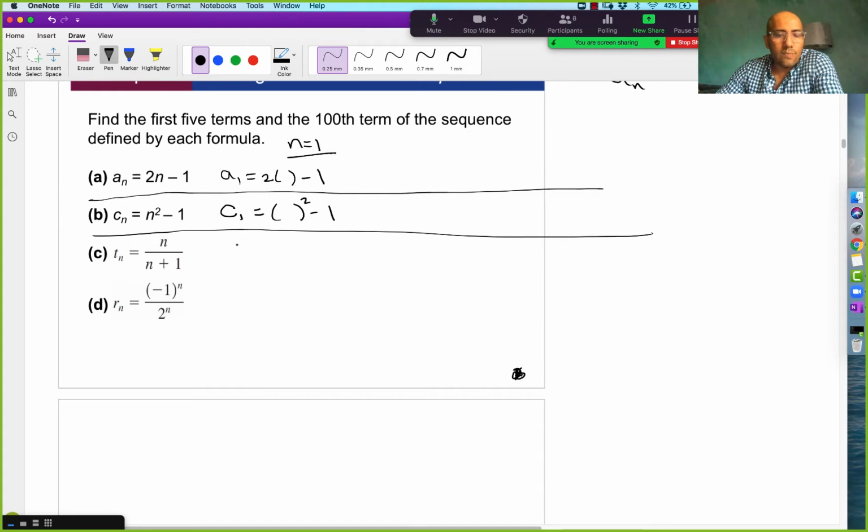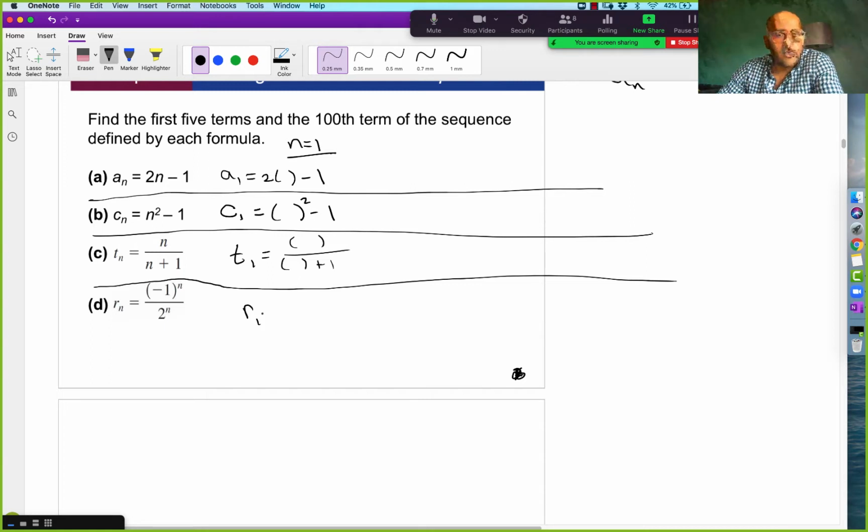And then t sub 1 will be equal to blank over blank plus 1. And r sub 1 will be equal to negative 1 to the power of blank all over 2 to the power of blank. Okay, so here we're letting n equal 1, so it'll be a 1 there, a 1 there, a 1 there, a 1 there, and a 1 there.